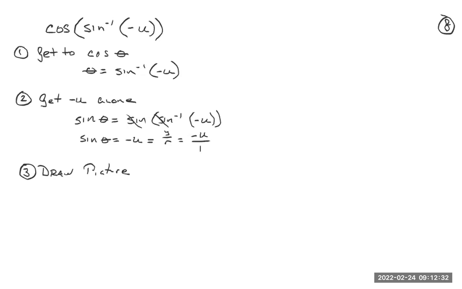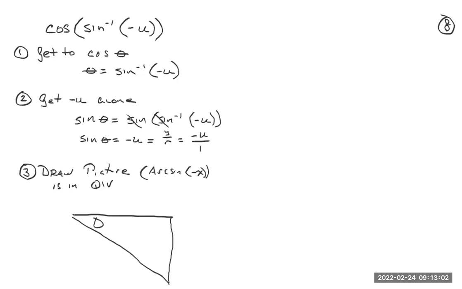All right, if arc sine is negative, then we're in quadrant 4, yes? Looking for x.